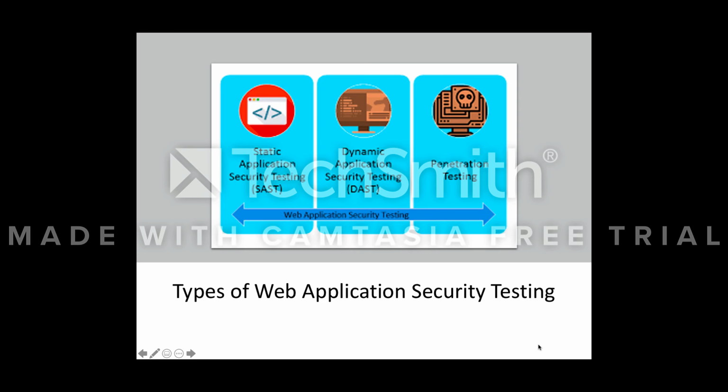Now, coming to the types of web application security testing, here we can see three types. The first one is static application security testing, which is also known as white box testing. It basically reviews your static code, so it identifies vulnerabilities in applications without executing them. The second one is dynamic application security testing, which is also known as black box testing.